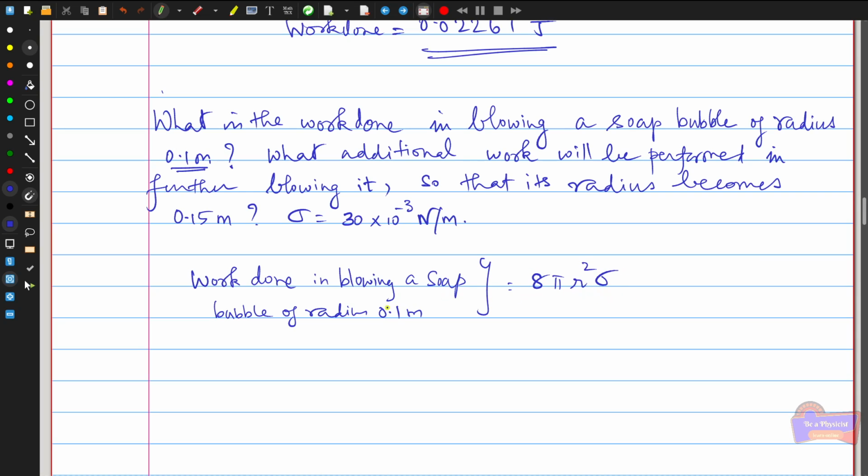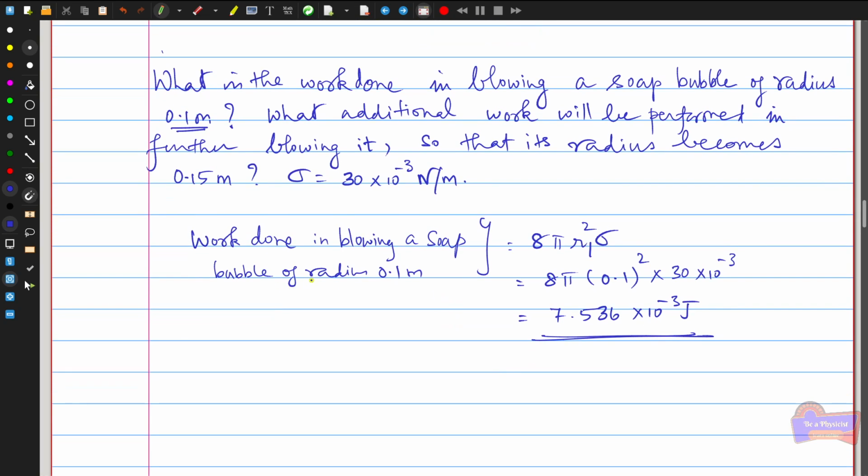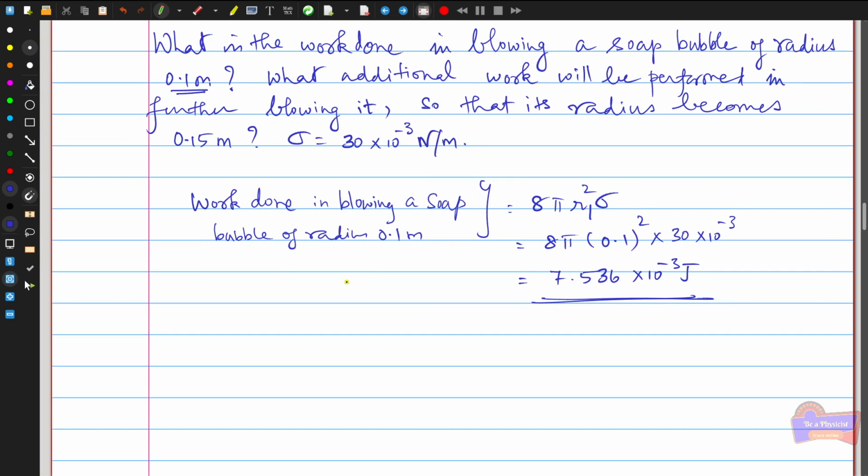Let us take the radius as r1. So that's 8 pi r1 squared into sigma, which is 8 pi into 0.1 squared into 30 into 10 power minus 3 Newton per meter. The final answer is 7.536 into 10 power minus 3 joules. So this is the work done to blow the soap bubble with a radius of 0.1 meters.